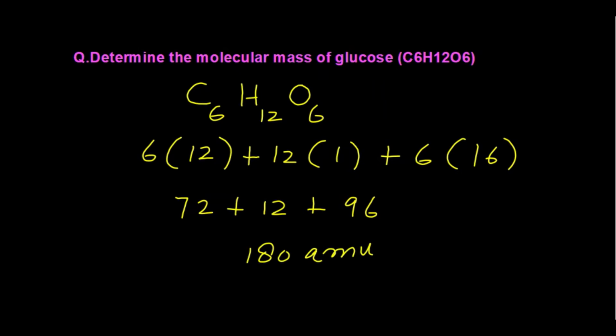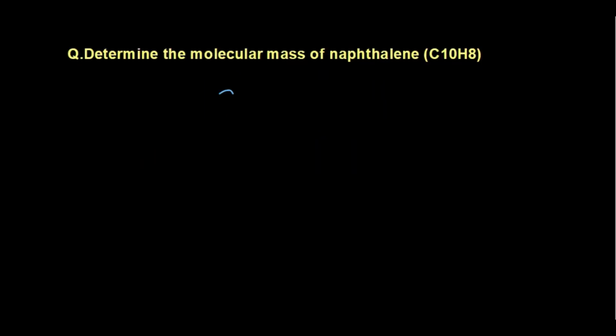Now we will see the next question which is given. The next question is, determine the molecular mass of naphthalene. Naphthalene has the molecular formula C10H8, and we are asked to find its molecular mass. How many atoms of carbon are here? We have 10 carbon atoms. Atomic mass of carbon is 12 atomic mass unit, plus 8 hydrogen atoms.